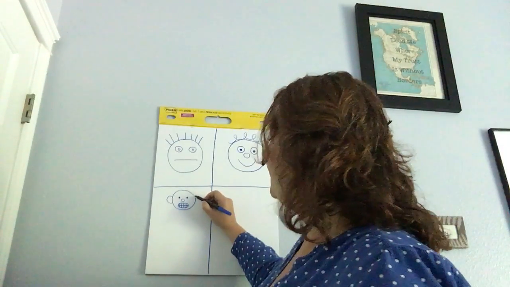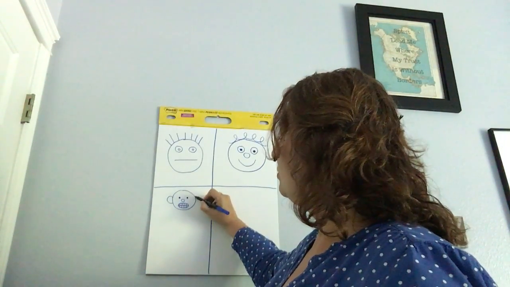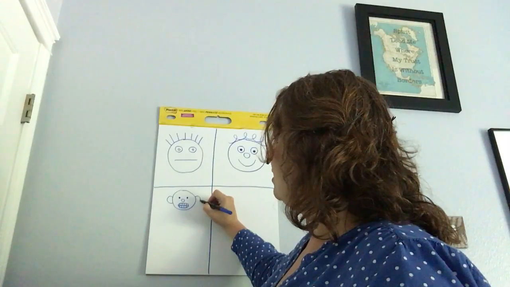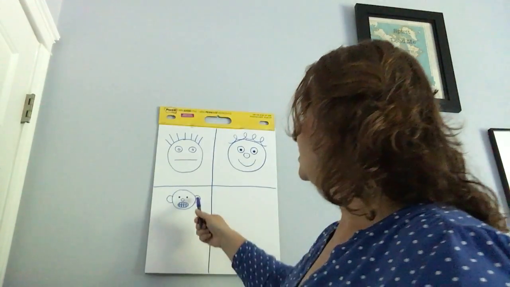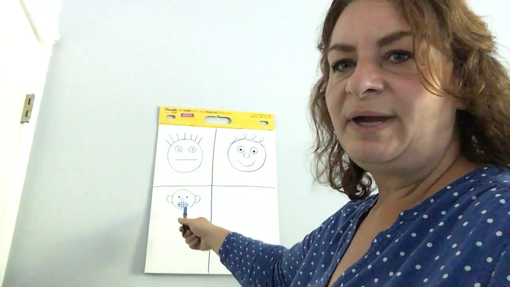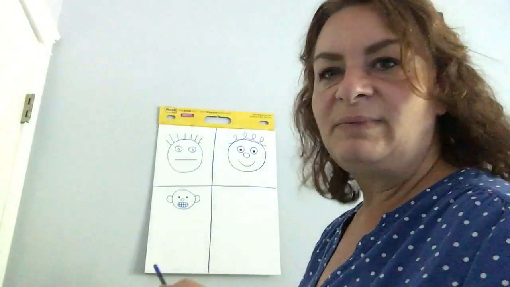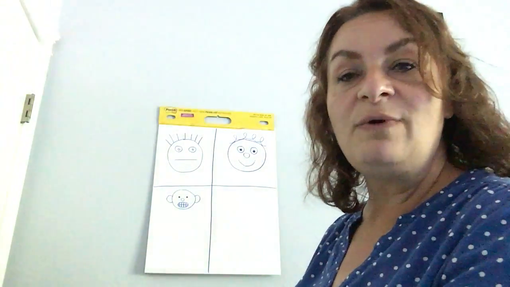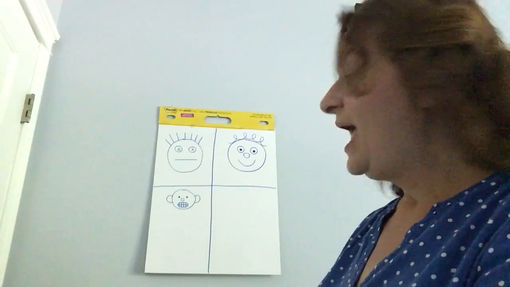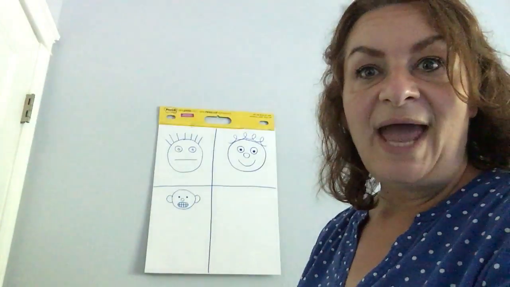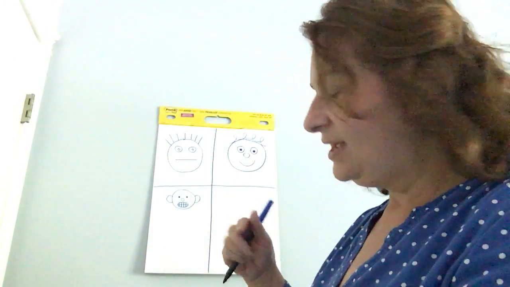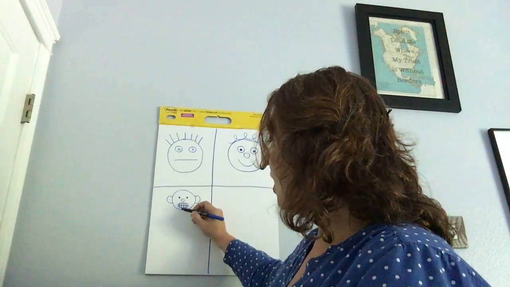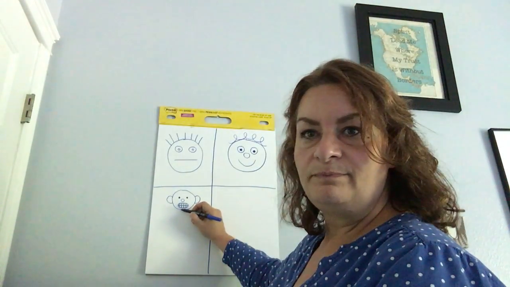Now I'm going to do it on the other side, and I'm going to go around and stop because my circle stopped me. So now my person has 2 eyes and 2 ears and 1 nose and 1 mouth. And we're going to go below that circle.